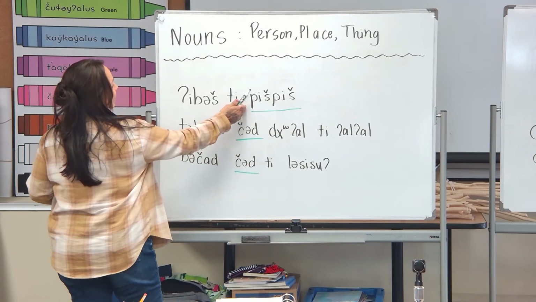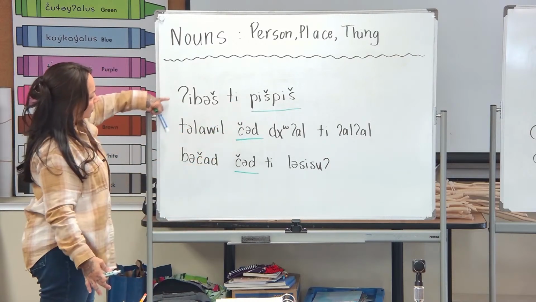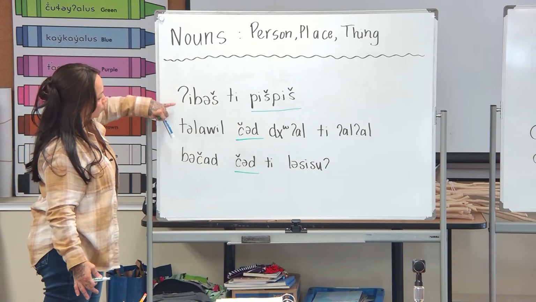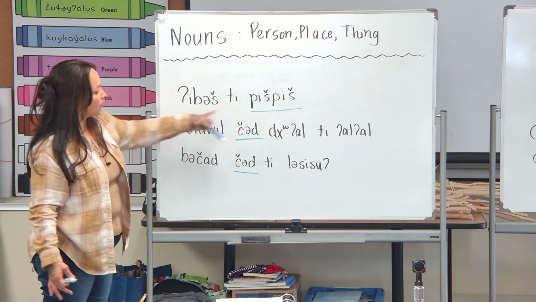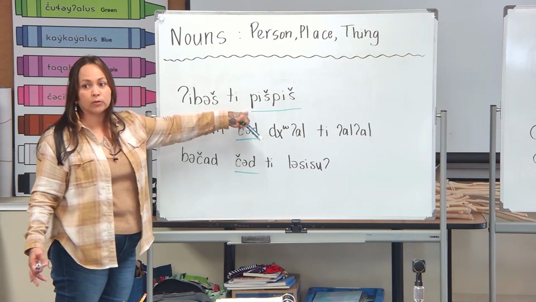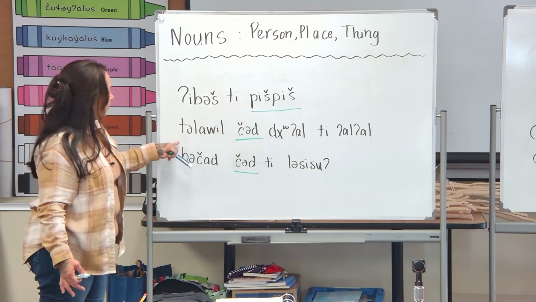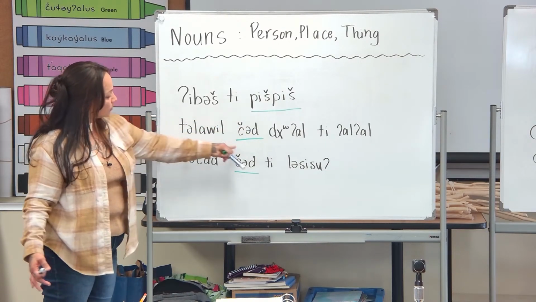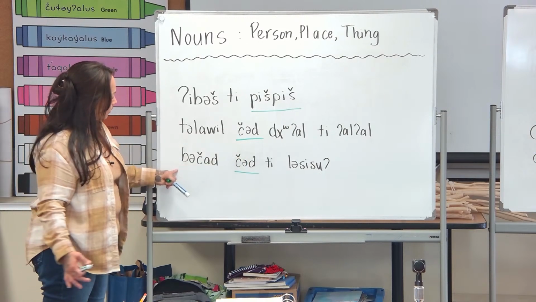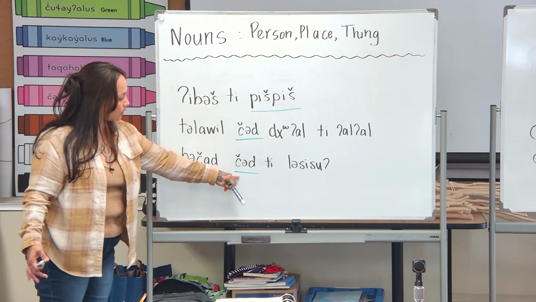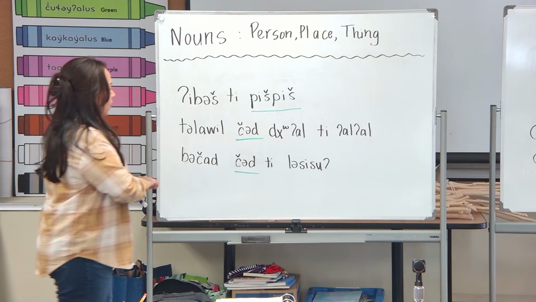We have nouns. So we talk about the action, and then we talk about who's doing the action. Action, this is who's doing it. Action, this is who's doing it.